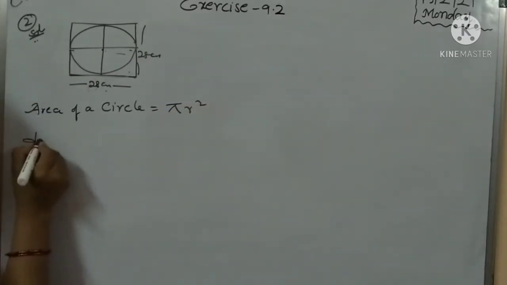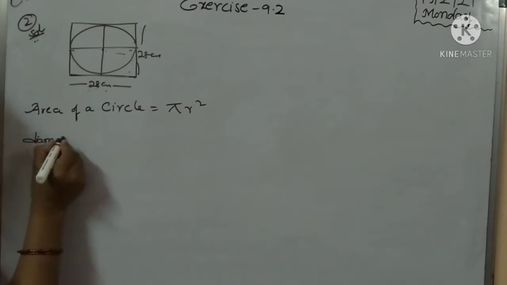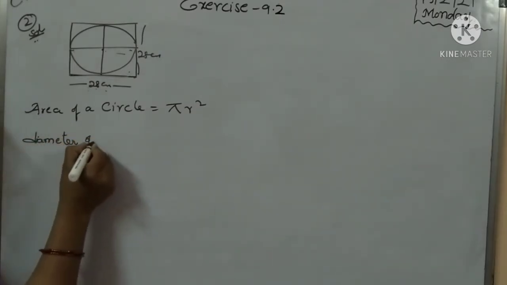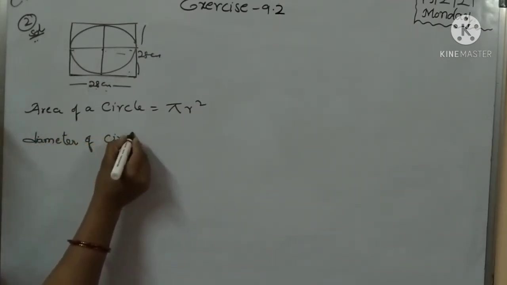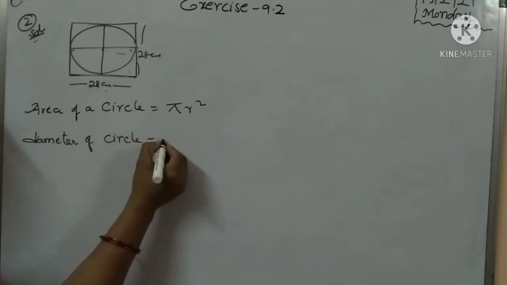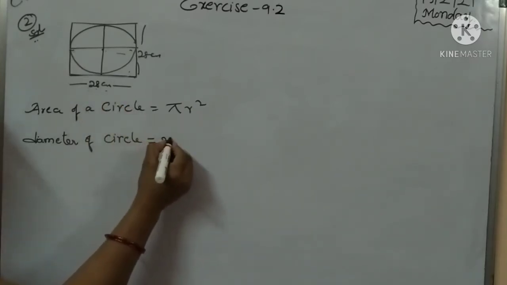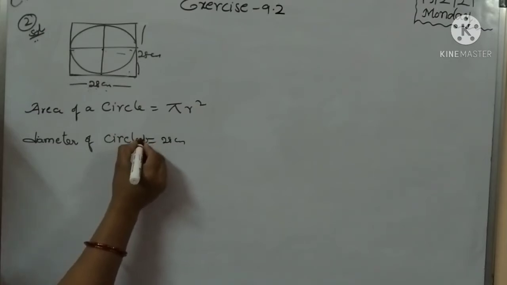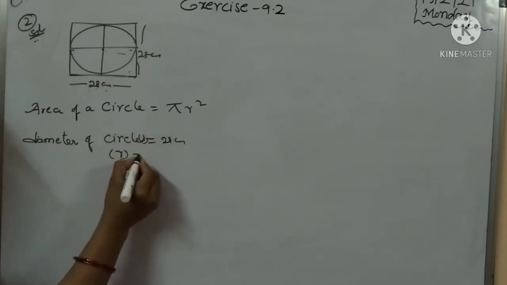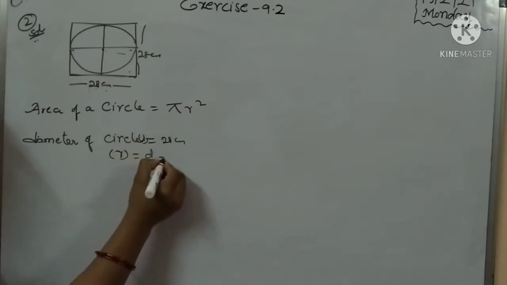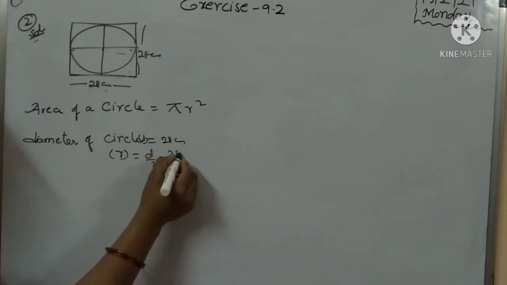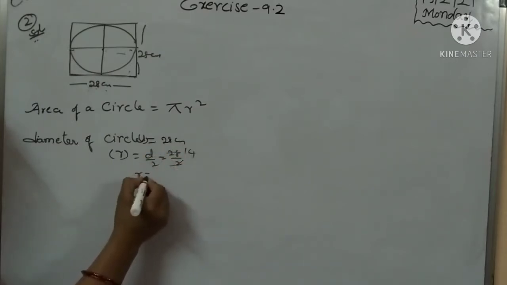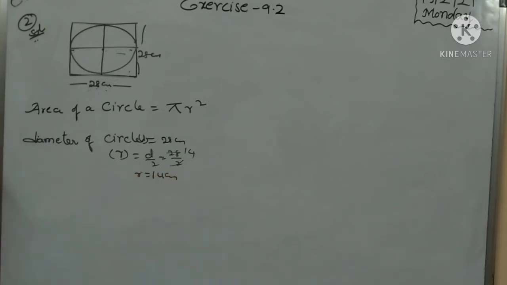So here diameter of circle equal to, given as 28 centimeters, d equal to 28. So radius r equal to d by 2. So 28 by 2, 14 2s are 28, r equal to 14 centimeters.